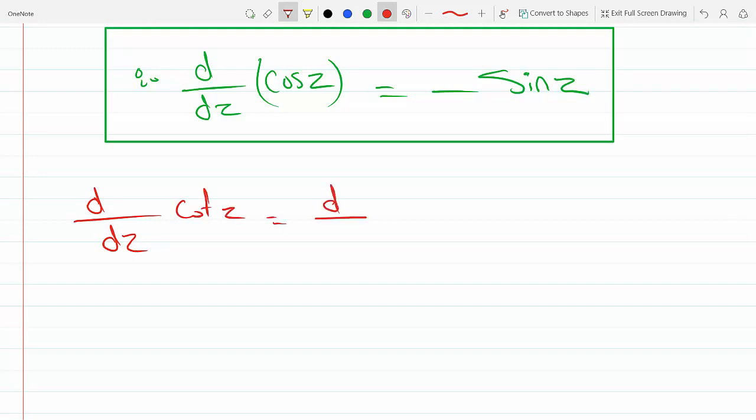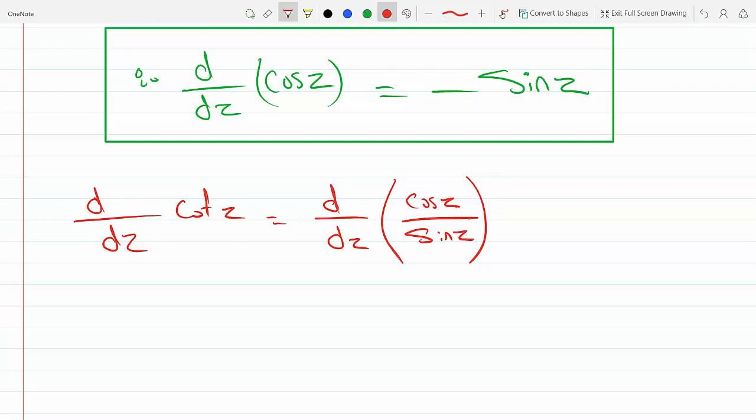Well, cotan is cosine z over sine z, right? So I'm going to apply the quotient rule, because that holds also for complex valued functions. And it's in problem 27, correct? It's stated in problem 27. This is the quotient rule for complex valued functions.